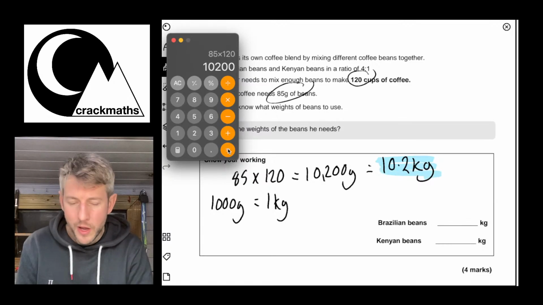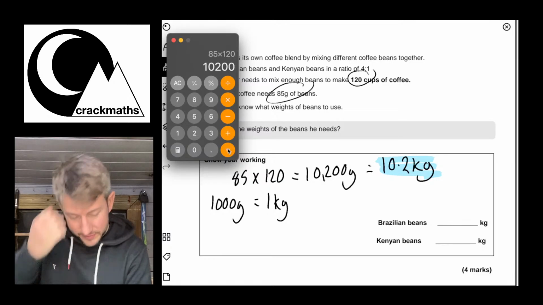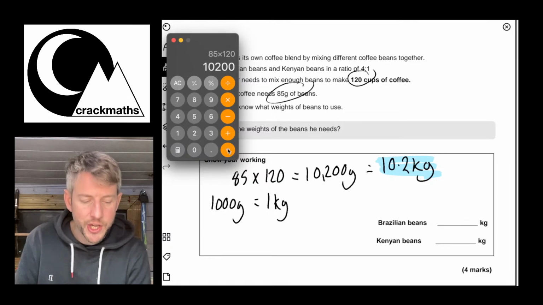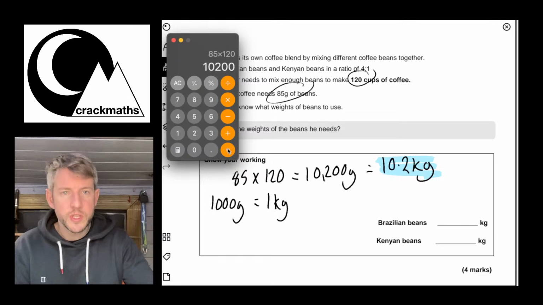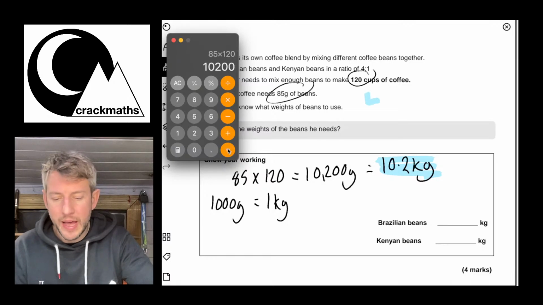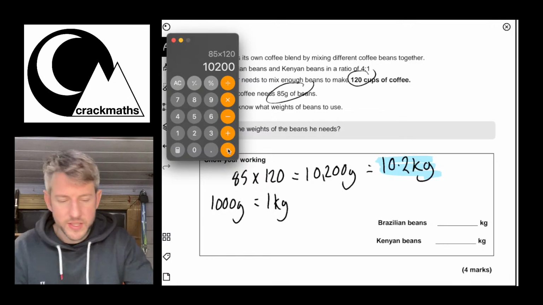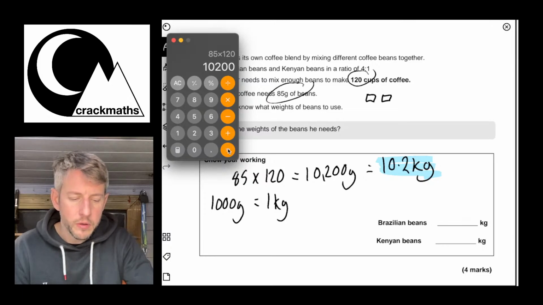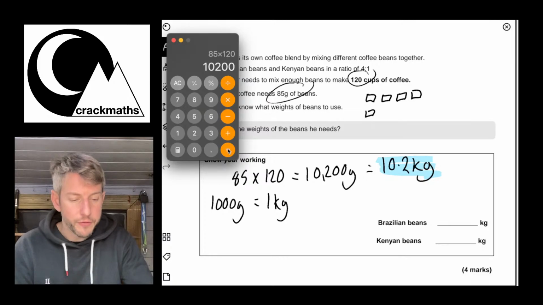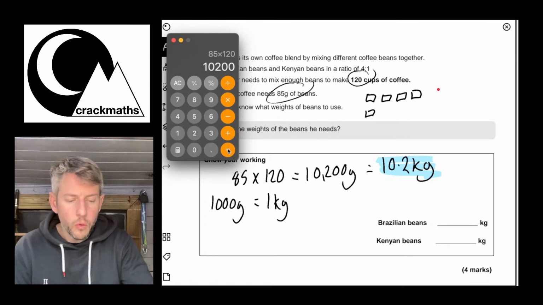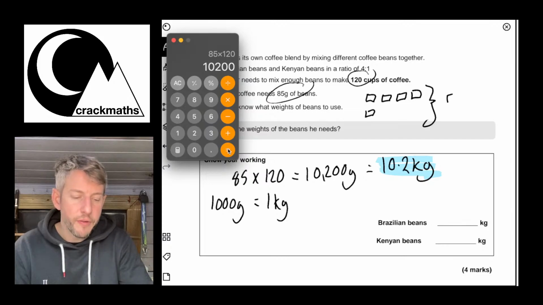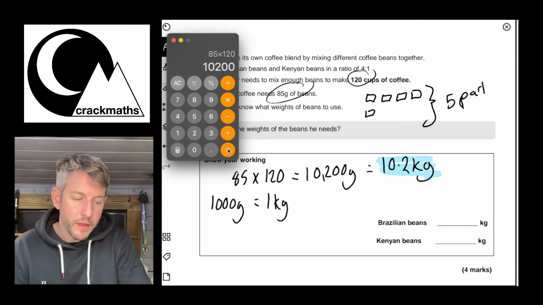Okay, so the next bit that we've got here is we've got to think about this ratio. So the ratio is 4 to 1. Remember how ratios work, that's 4 parts to 1 part. We can think about these as bags of coffee, 4 bags of coffee to 1 bag of coffee. So altogether, when we're dividing a ratio of 4 to 1, we're dividing it into 5 parts.